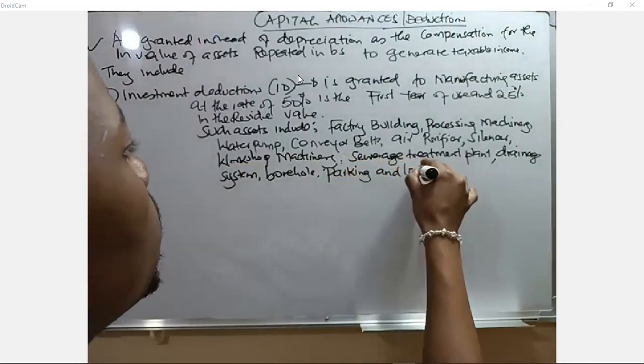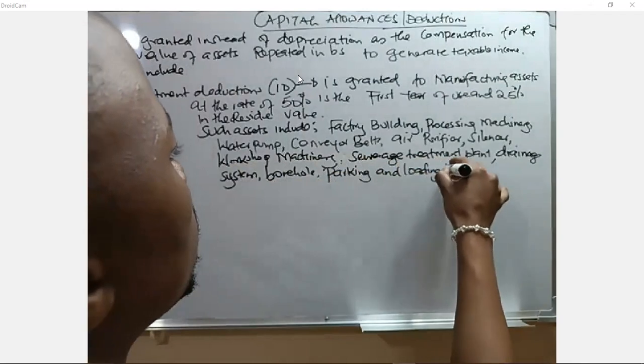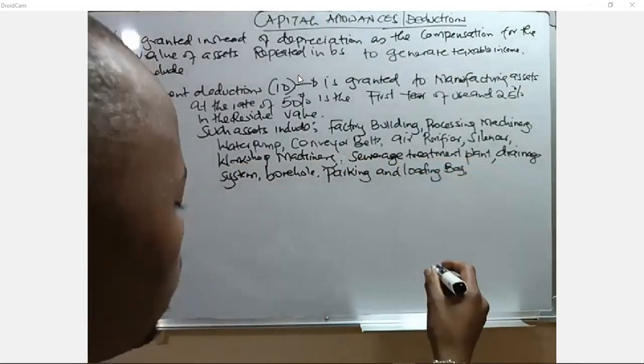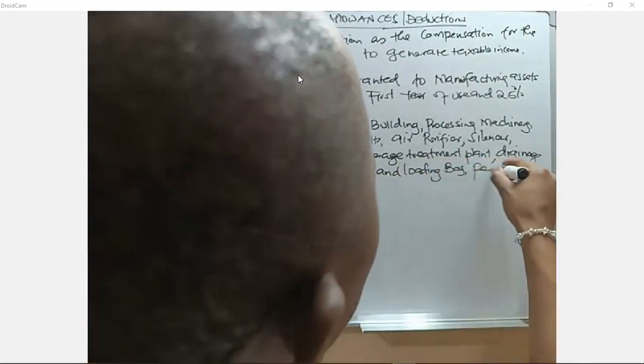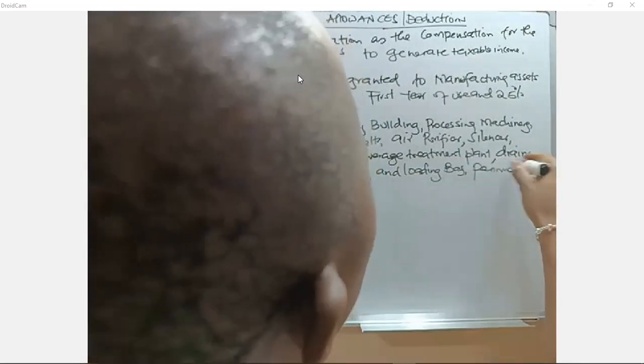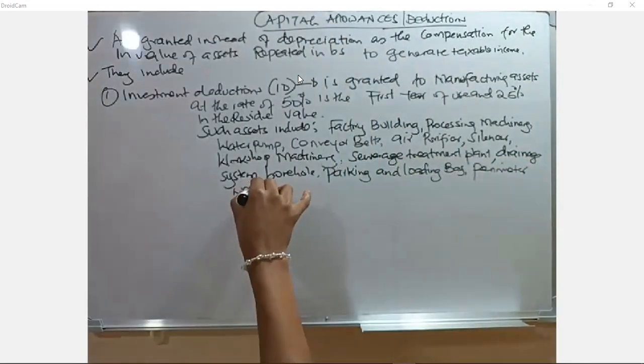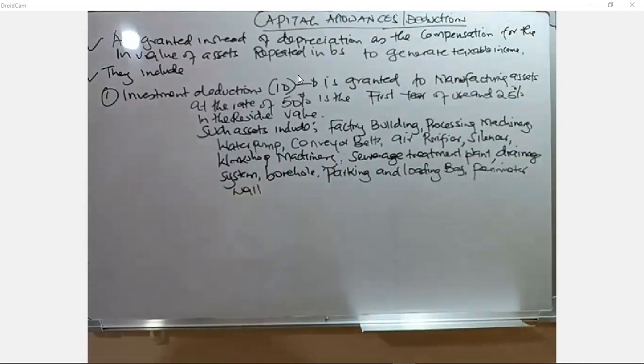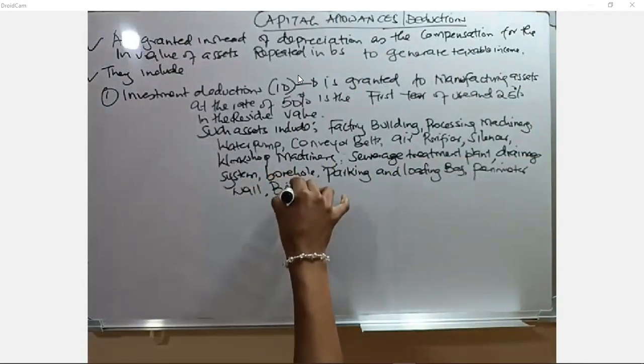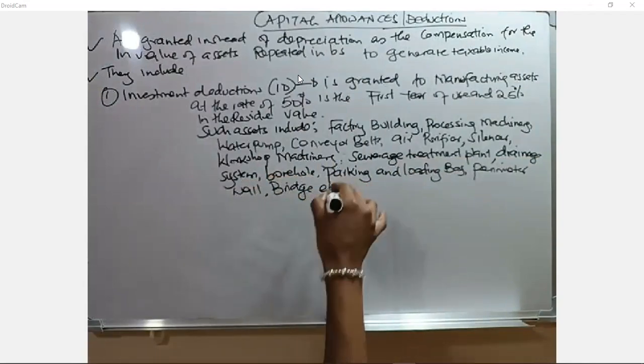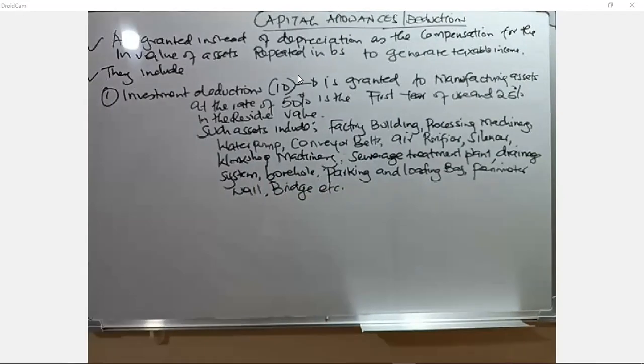We have perimeter walls, among any other assets which we think of, even the bridge. Bridge normally qualifies here. Bridge, etc. etc. Those are the assets which normally qualify for investment deductions.